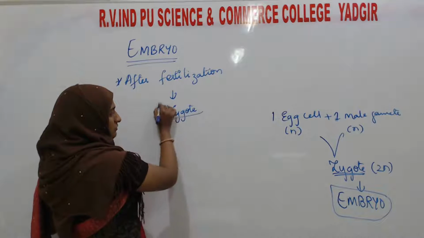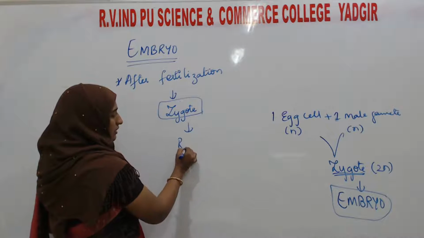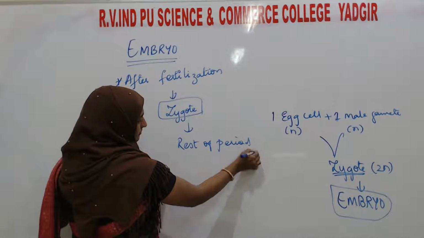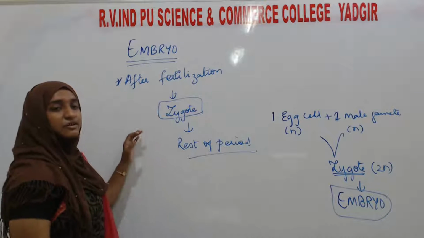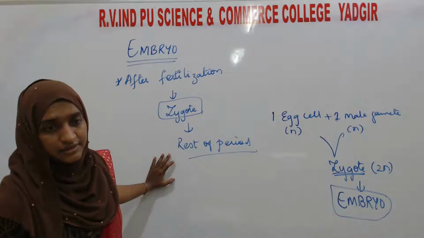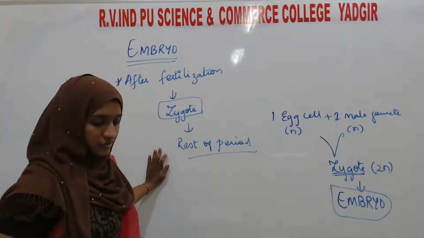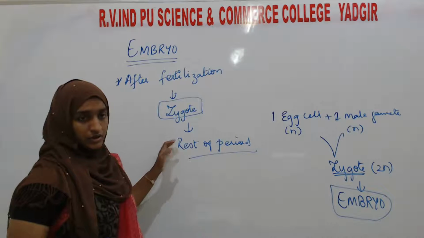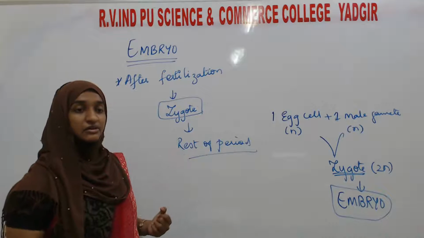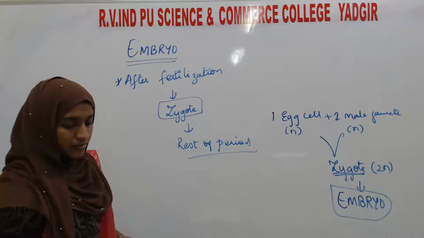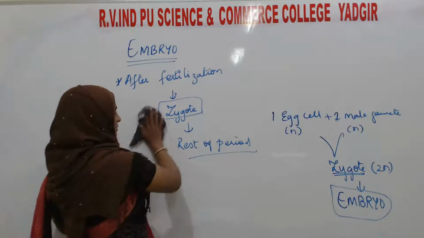When the zygote is formed, it will undergo a period of rest. For some time, the zygote will take rest, then grows and gives the size of the embryo.